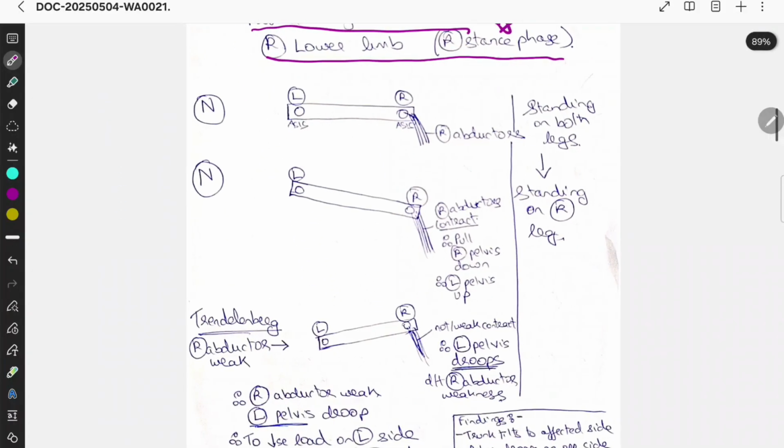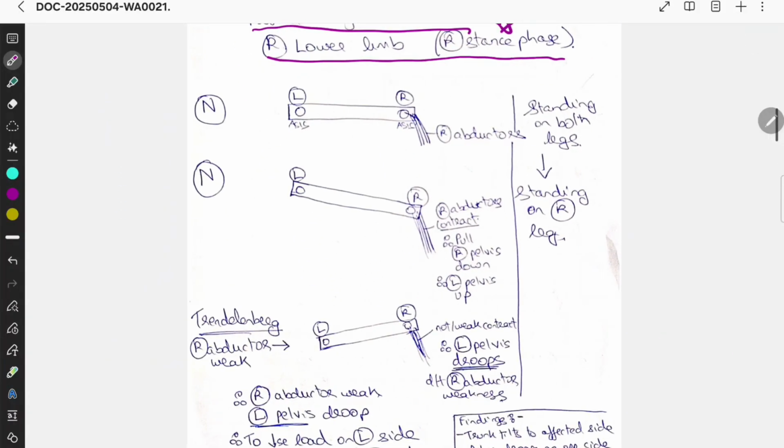Okay. So normally what happens is, whenever the patient weight bears on the right side, the right abductors contract, and which pulls the right pelvis down. As you can see, it pulls the right pelvis down by the contraction of right sided abductors, which indirectly pulls the left pelvis upside on the proximal side, right?